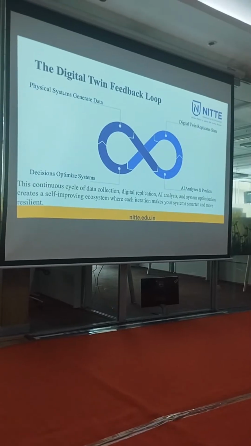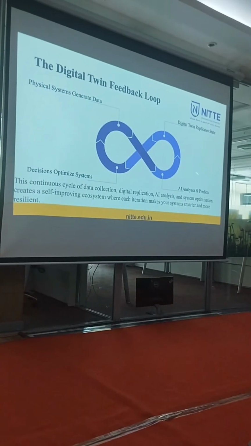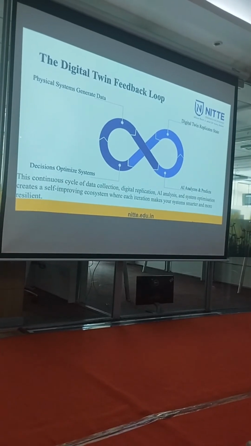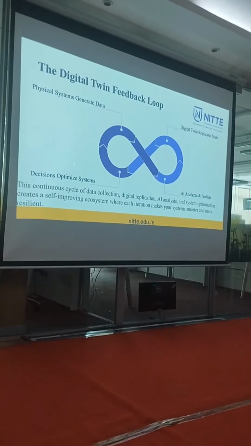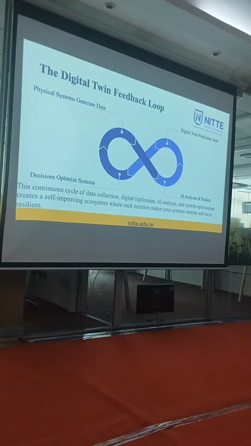The entity could be a person, a live human. Then AI analyzes and predicts. Then you can come out with decisions and optimize the decisions that you are trying to make. So this is basically a continuous cycle.